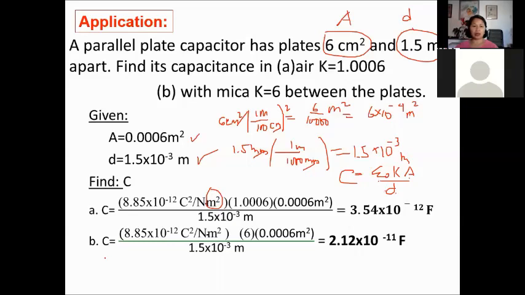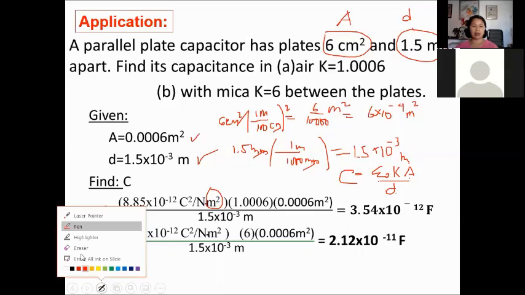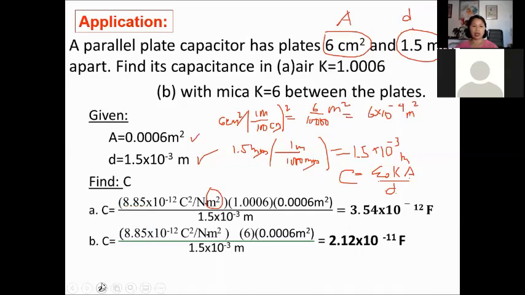Pareho ito. So, therefore, magkaiba lang sa value ng K. Ito lang magkaiba. Pareho ang epsilon naught, area, and distance. So I would like you to get your calculator again and solve the answer in A and B.